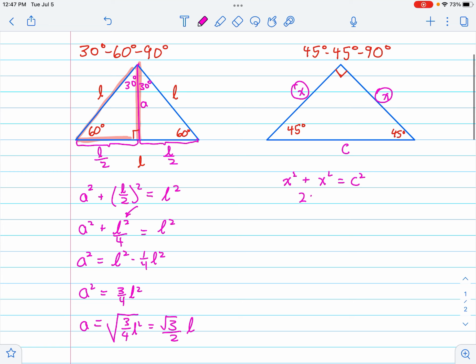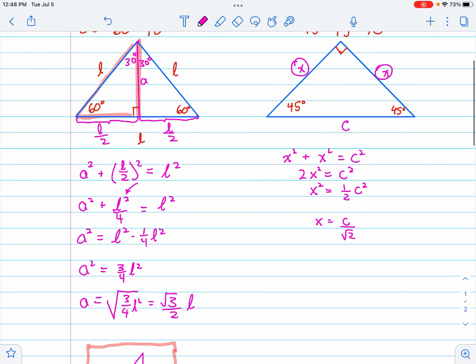So that gives you 2x squared equals c squared. Now if I divide by 2, I get x squared equals 1/2 c squared. And then x is equal to c over the square root of 2. In other words, that side, not the hypotenuse, is the hypotenuse times 1 over the square root of 2.